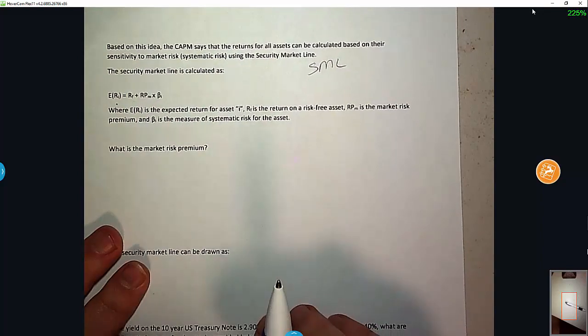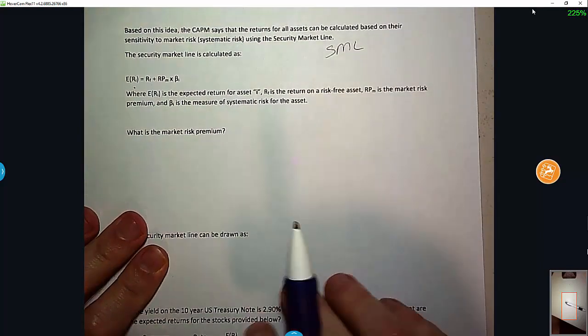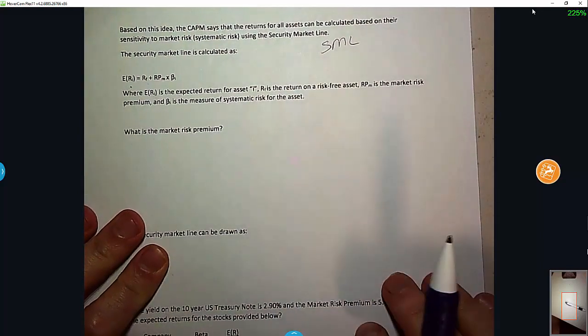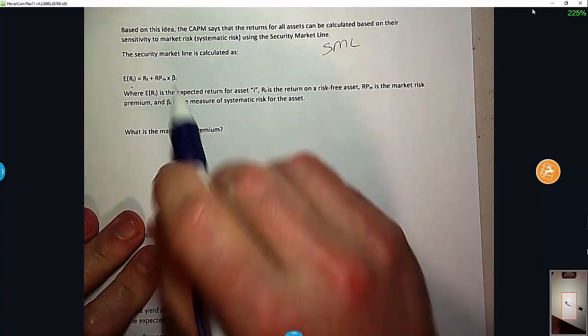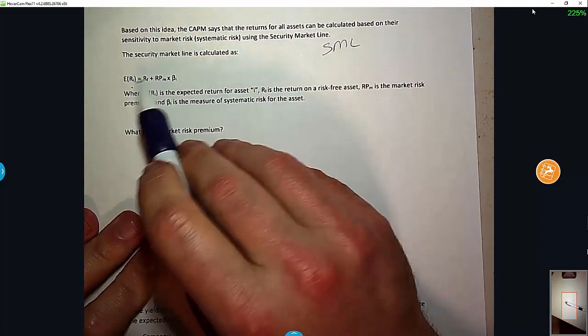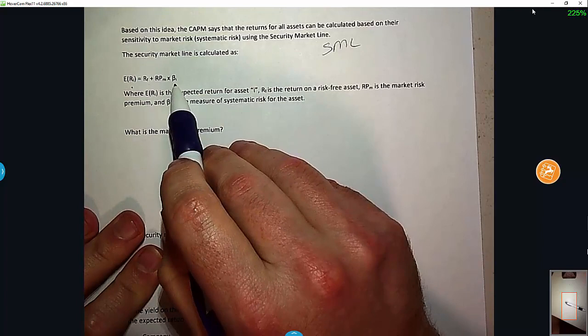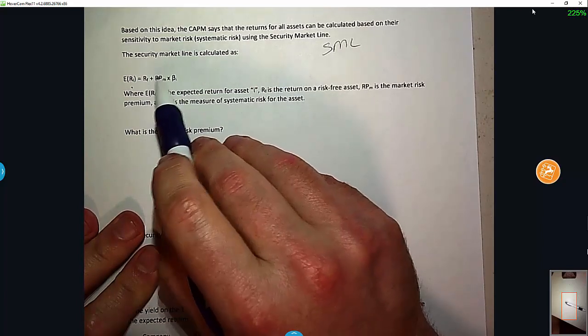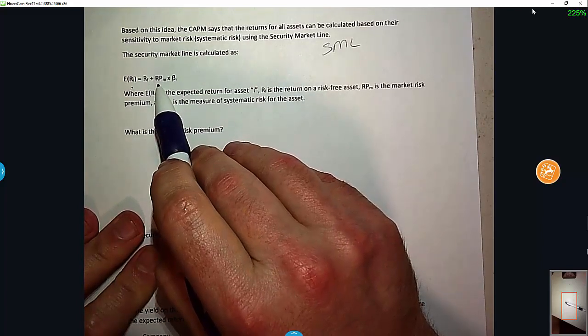And the idea here, according to those researchers, is that for any asset that you can invest money in, not just stocks, you can determine the expected return if you have the risk-free rate, the beta of the investment, and the market risk premium.